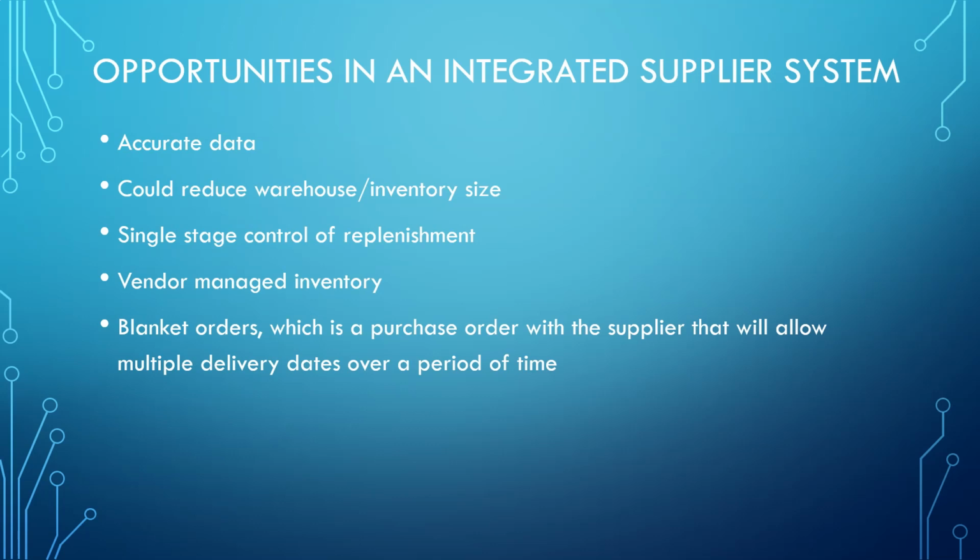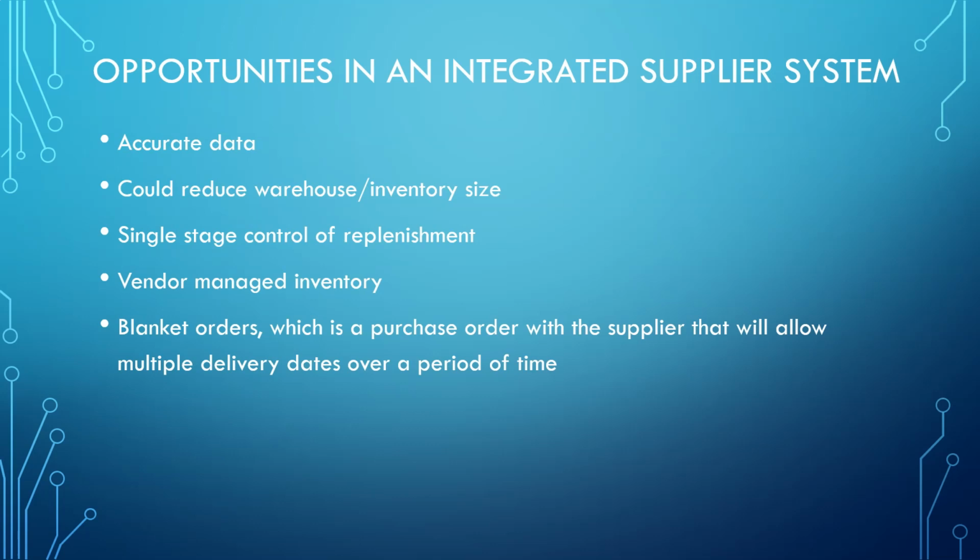An integrated supplier system will ensure accurate data from the vendor, which could reduce warehouse or inventory size. The integration will create a single stage of control for replenishment. It can also assist in selecting a vendor-managed inventory strategy.